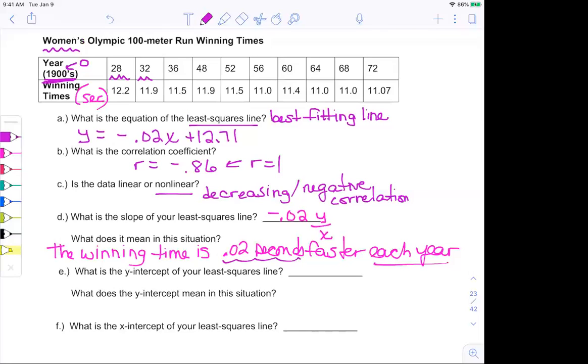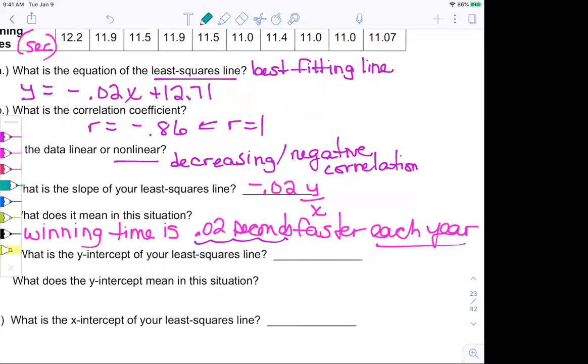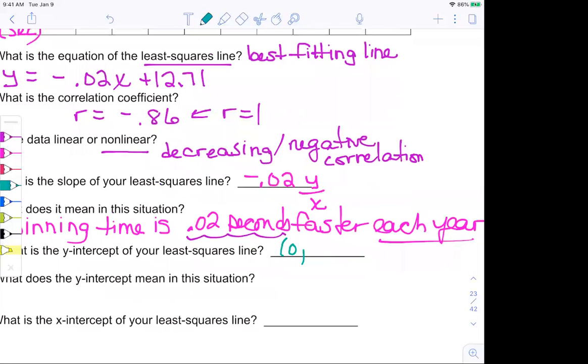So question E asks us about the y-intercept, and we know that the y-intercept is that 12.71. Make it a point. All intercepts are points on the graph where the graph crosses the axis. And now I have to think about what the year 0 means in this problem.